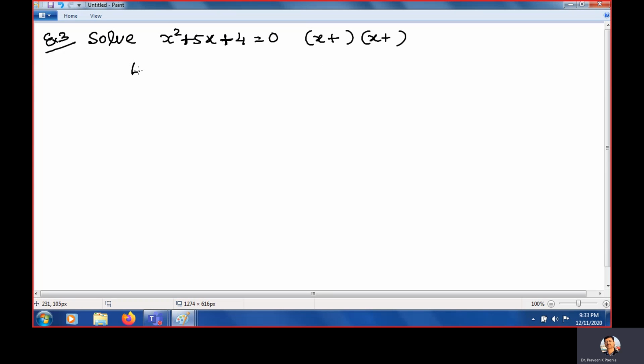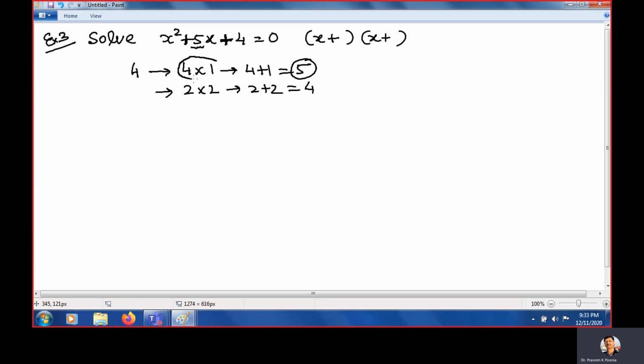Now find the factors of 4. What are the factors of 4? 4 times 1 and 2 times 2. There are two possible factors. Because 4 is plus, it will be 4 plus 1 equal 5 and 2 plus 2 equal 4. But here it's 5, so it is matching here.